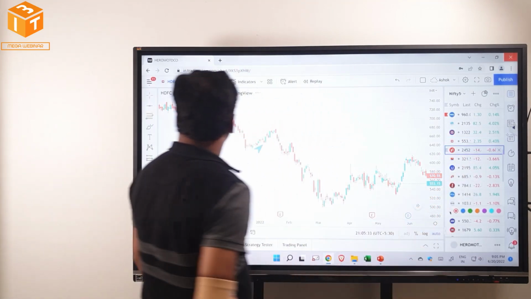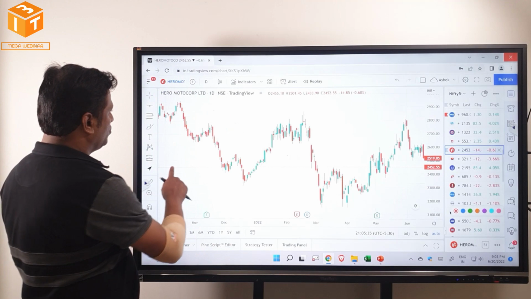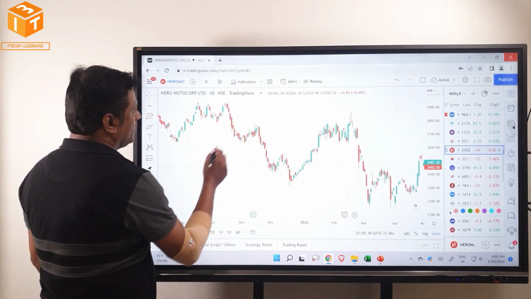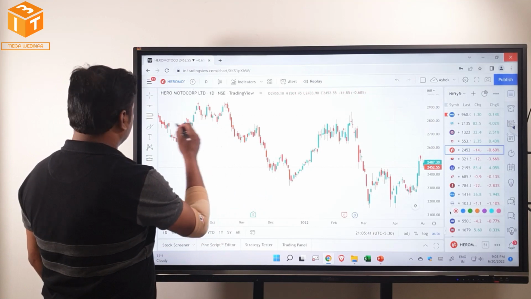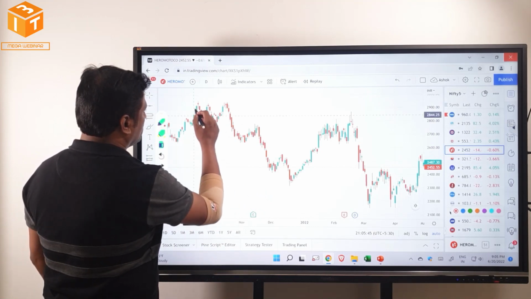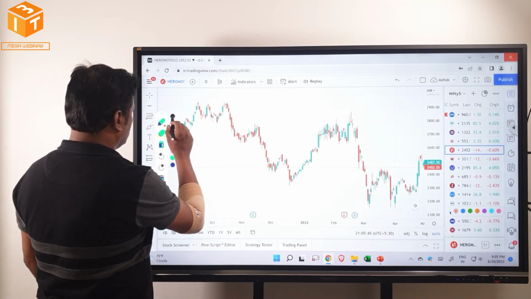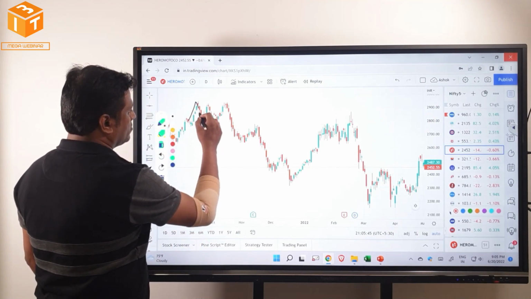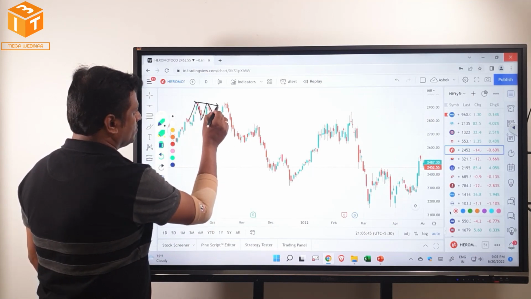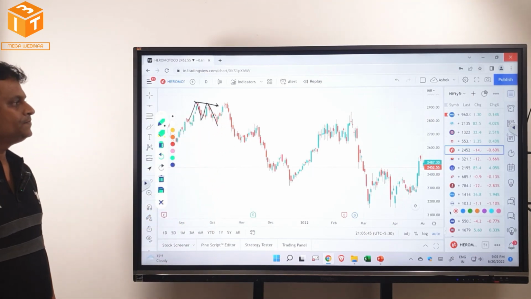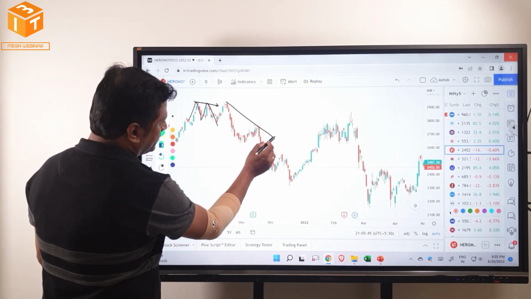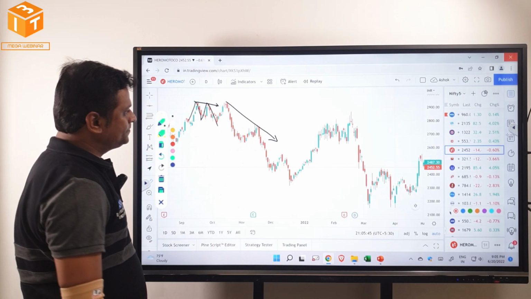Let's pick up some more examples. Hero. Wow, this is a brilliant one. Look at this. Is that a valid trend line, friends? 100% valid. Is this a valid trend line?